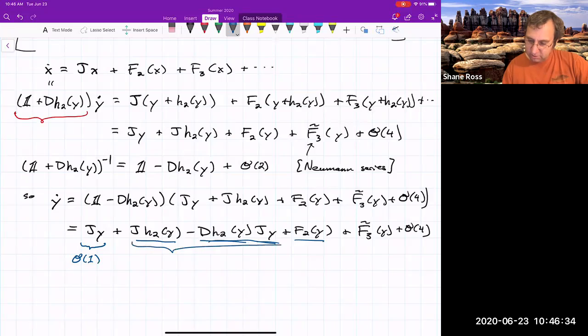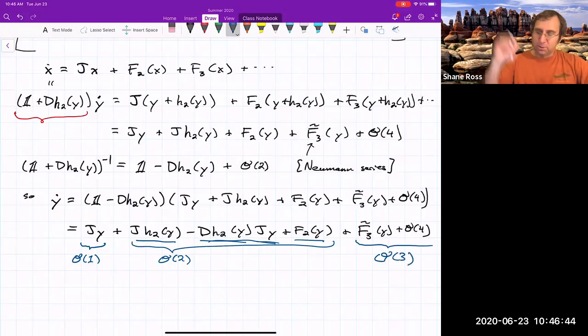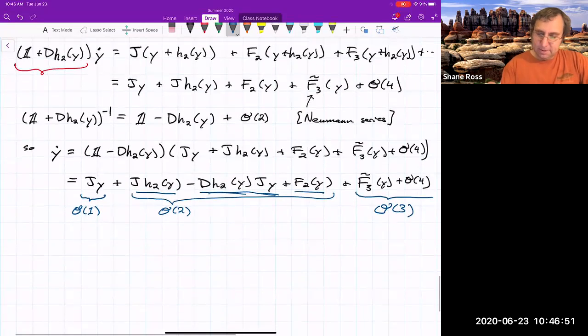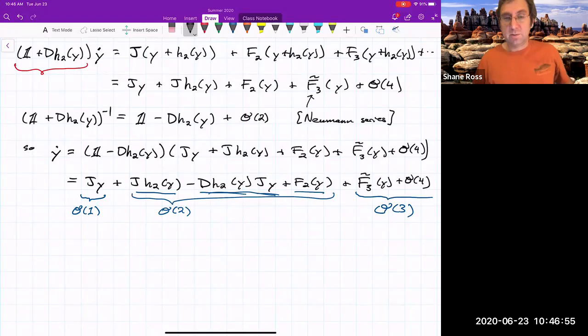So all of these are order 2. And then we'll just worry about these later. Those are order 3 and higher. So now we want to eliminate, if possible, these second order terms.